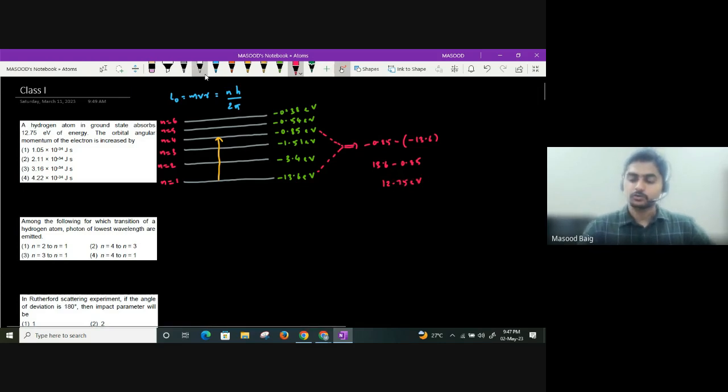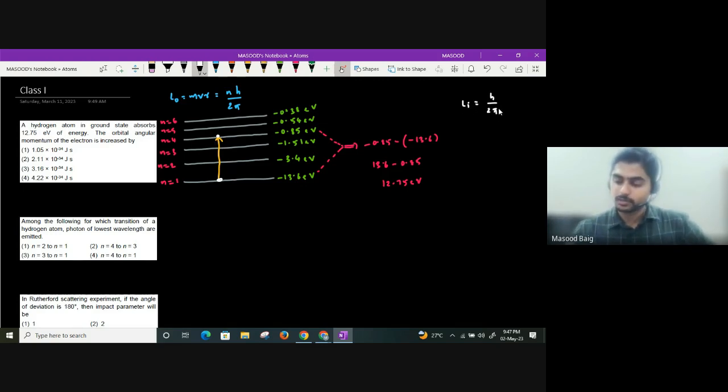So from where to where is it shifting, guys? It is making a transition from ground state to the fourth state. The fourth state is also called the third excited state. So what is the initial angular momentum in ground state? h by 2 pi. Final angular momentum will become 4h divided by 2 pi. They are asking us the angular momentum is increased by. So what is the change in angular momentum?